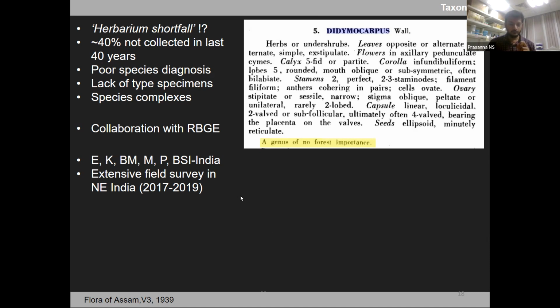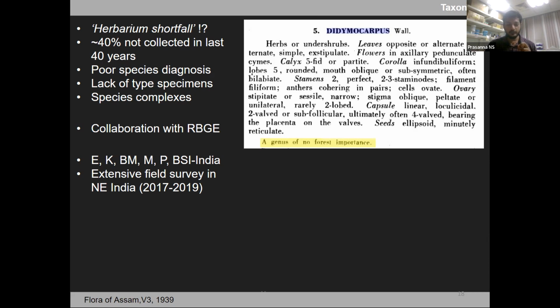So this project was carried out with RBG, which has a rich collection of Indian plants due to their colonial past, and RBG also has a reputation for work on Gesneriaceae, where people like Dr. B.L. Burtt earlier worked on Asian Gesneriaceae and its revision.